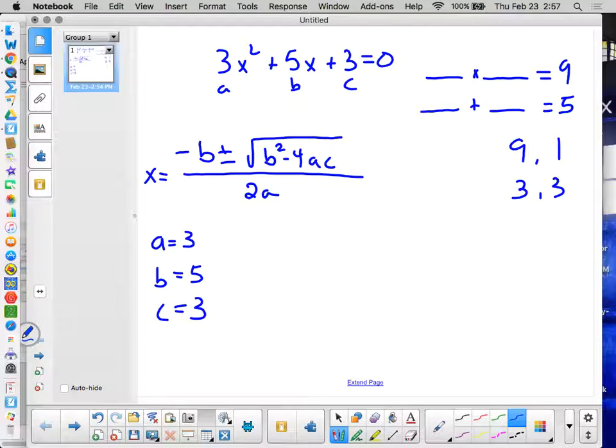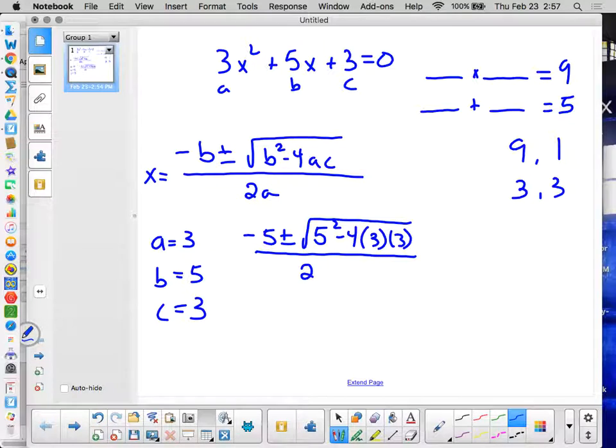So negative b would be negative 5 plus or minus. One solution is going to involve plus, one is going to involve minus. The square root of b squared minus 4 times a times c, all over 2 times a.